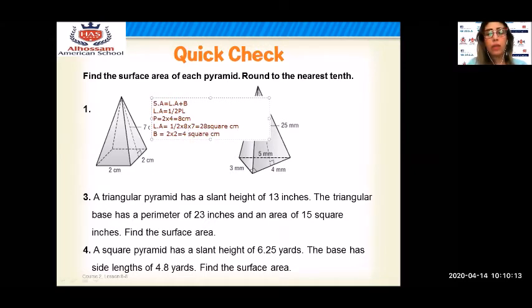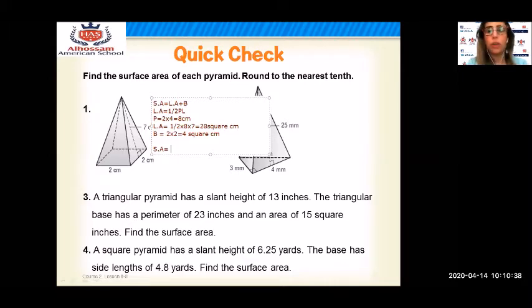Then the last step, the surface area. Now we have all the data: the area of the base and the lateral area, which has its own rule. So at the end, I have to find the surface area. SA equals what? 28 plus 4, perfect.